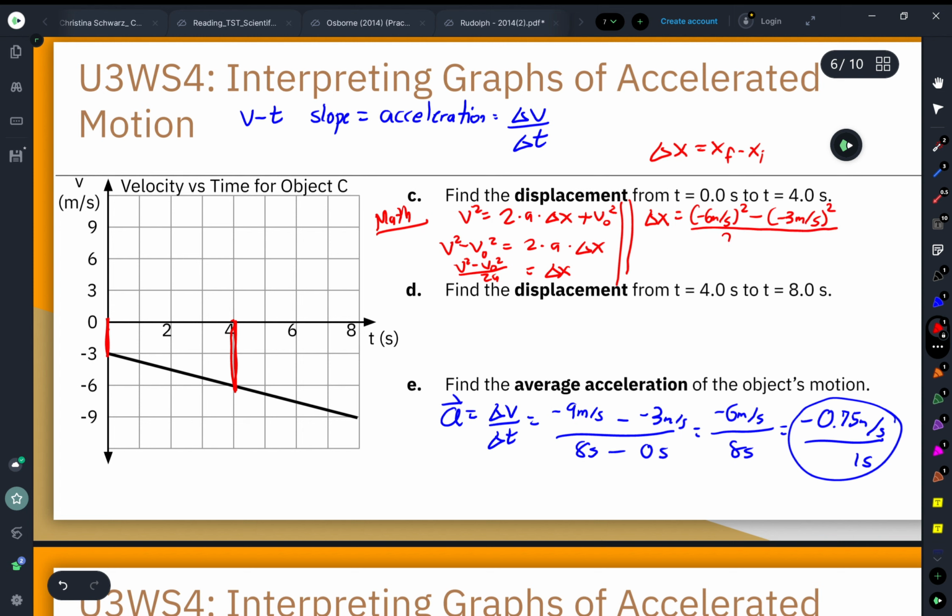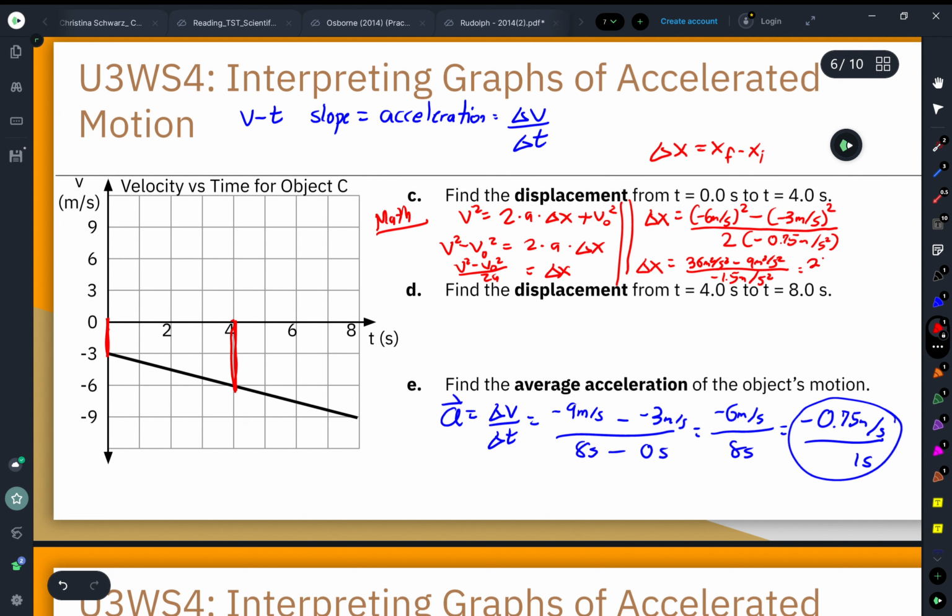All of that gets squared, times 2 times the acceleration of the object, which is -0.75 meters per second squared. So when I simplify this down, that'll be 36 meters squared over second squared, minus 9 meters squared over second squared, all over -1.5 meters per second squared.